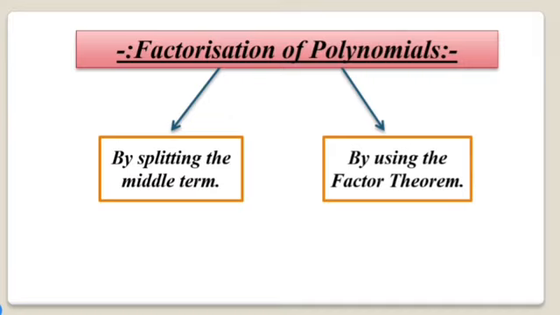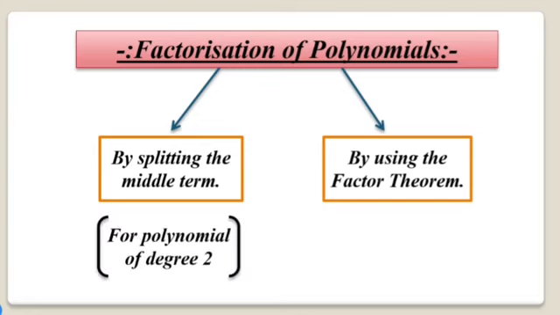I hope everyone understood the factor theorem. By using the factor theorem, we find the factors of the given polynomial. We use splitting of the middle term only for polynomials of degree 2.